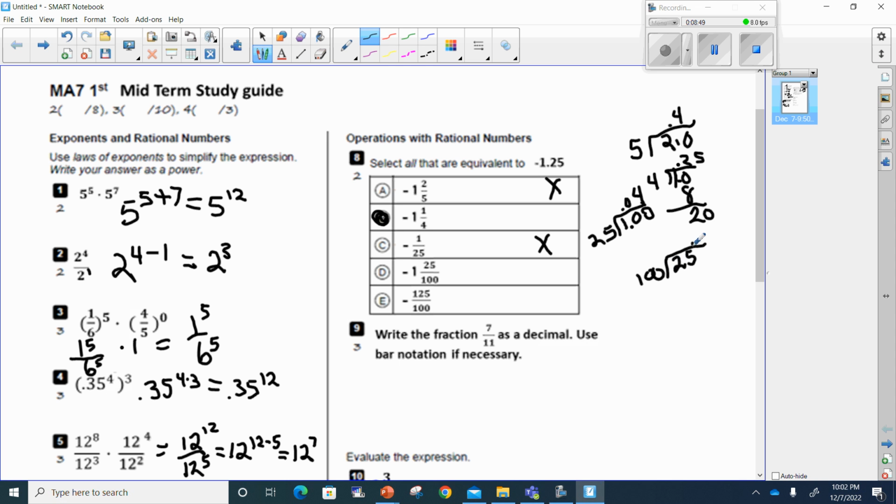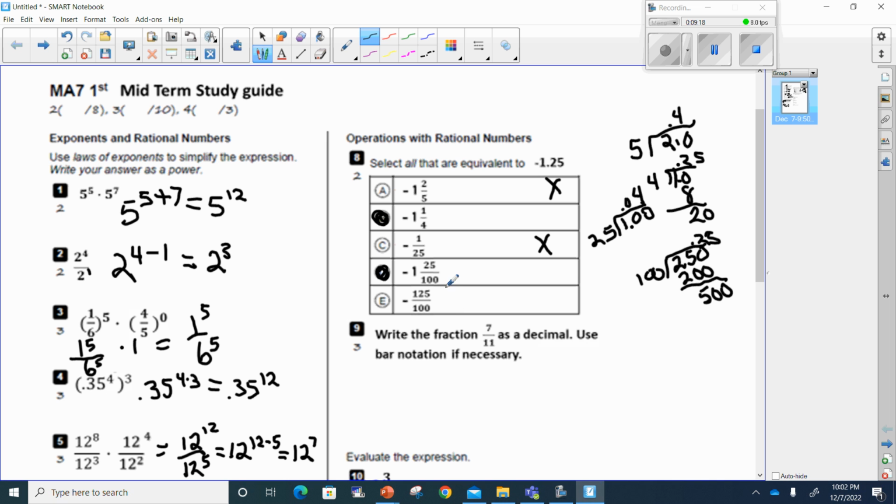Everyone sees the decimals here, and when I put my decimal here, 100 goes into 250 2 times. 2 times 100 is 200. That leaves me 50, and then we add another 0. 100 goes into 500 5 times. So 0.25 is correct. We already had the negative 1 sitting in front to match our negative 1 there.